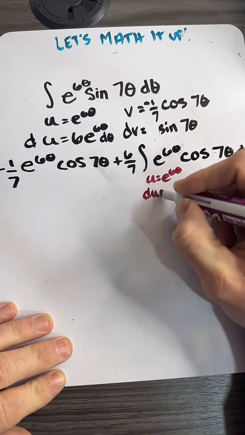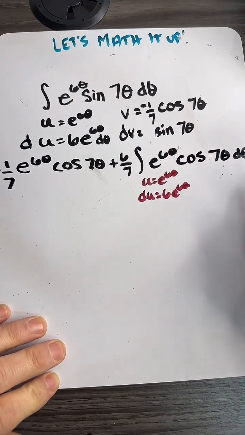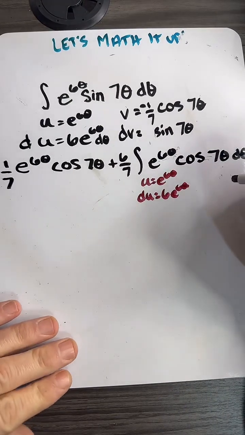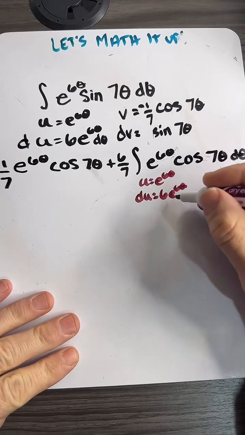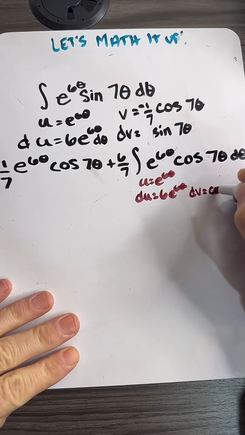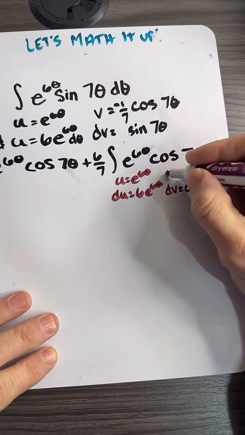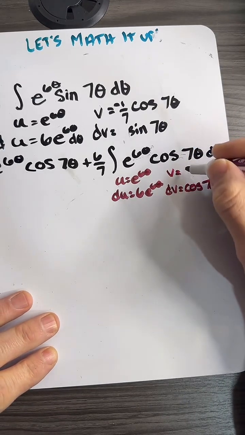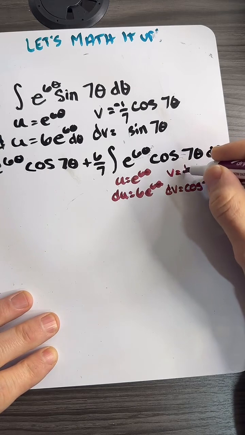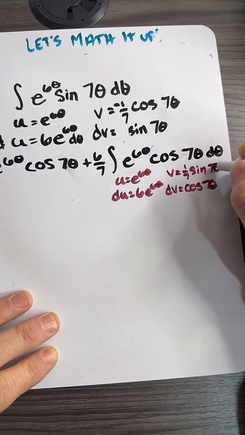So du is going to be 6e to the 6th theta. And then we're going to put dv again is cosine 7 theta. And then v is going to be 1/7 sine of 7 theta.